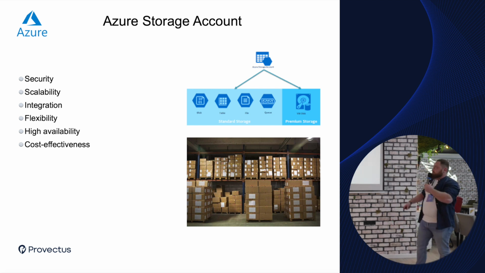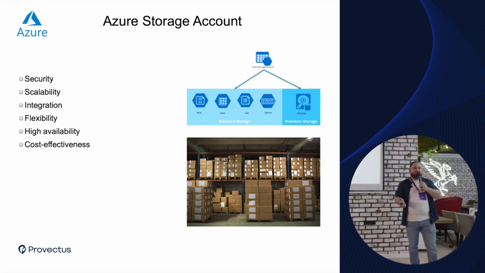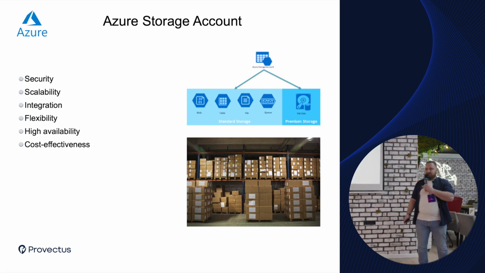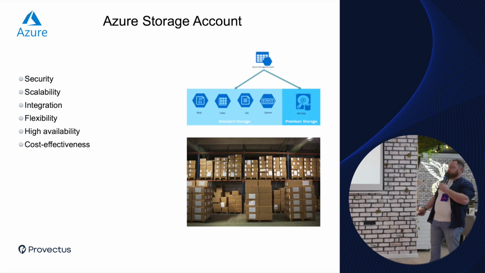So if you have any unstructured data and you don't need to think about where to keep the data, blob storage will help you. Of course, if you have tables or queues, it provides a lot of cool tools, and the best one is the tiers. You can use the standard tier or premium storage tiers.